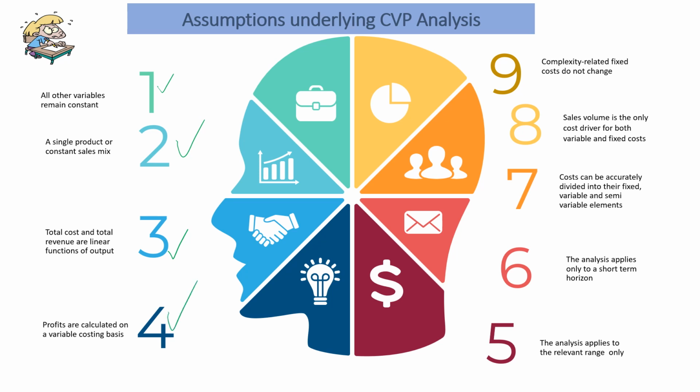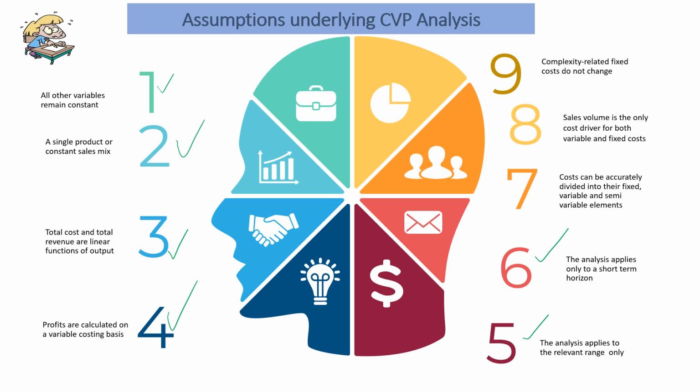And assumption number 4, we assume that profits are calculated on a variable cost basis, or we use marginal costing approach. So if absorption costing is used, it is assumed that production volumes are equal to sales volume. Okay, number 5, the analysis applies to relevant range only.